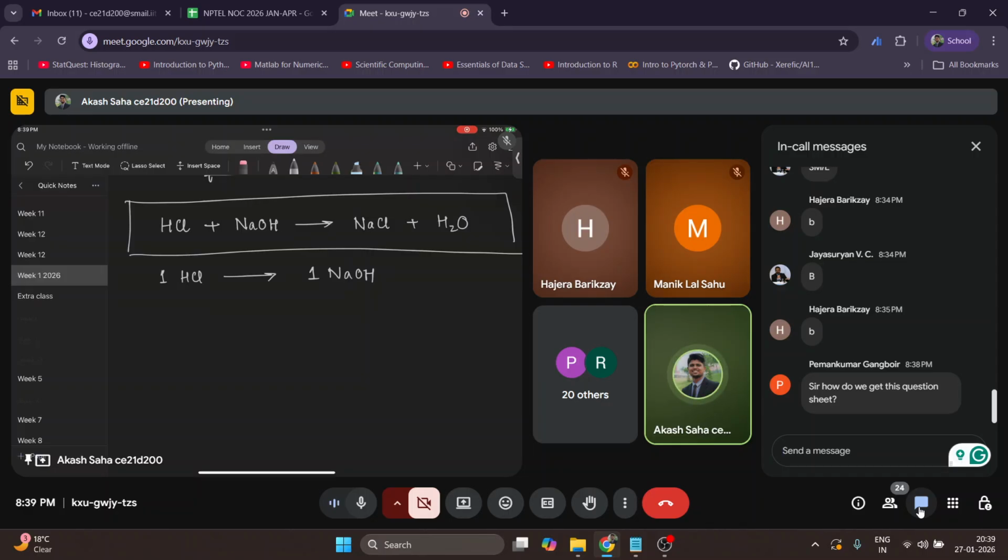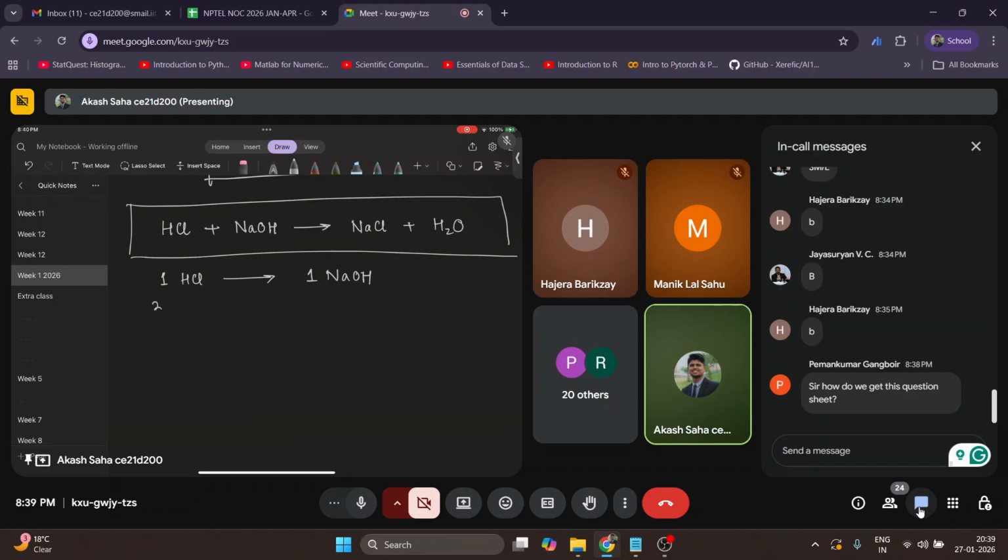In the question, it is given that we have 30 ml of 0.5 molar HCl. So how many moles of HCl do we have? 0.5 molar means 0.5 mole per liter, into how much volume is there?